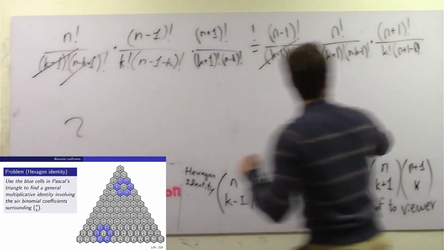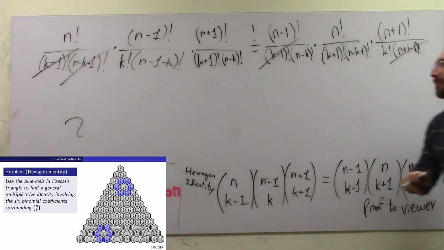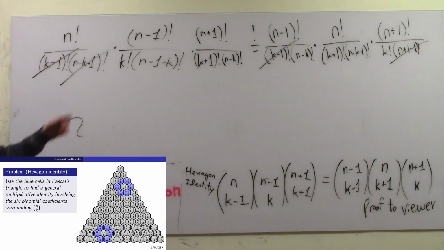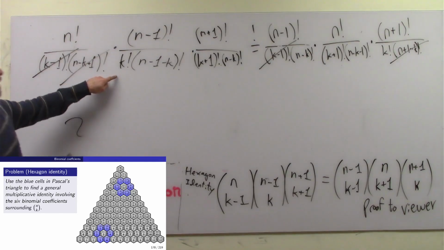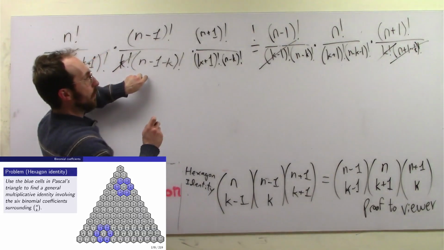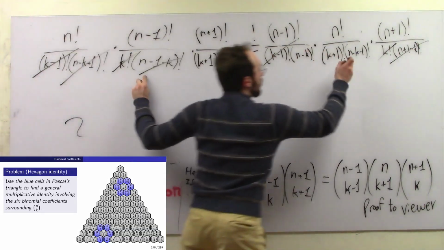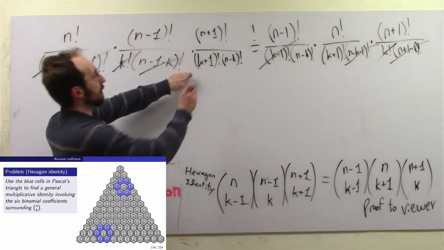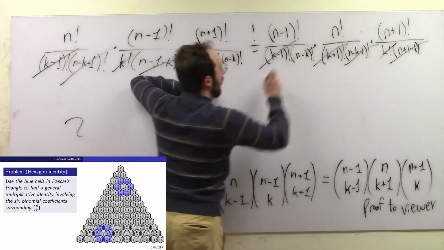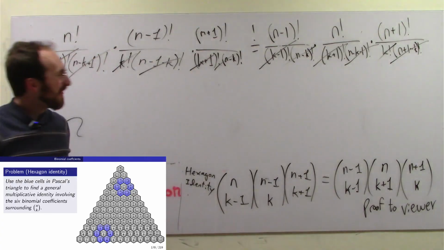But I wrote it weird. Perfect, but it's the same thing. N plus 1 minus k is the same as n minus k plus 1. Perfect. K factorial, we got them. N minus 1 minus k, we got them. K plus 1, we got them. And n minus k, we got them. These things are equal. They have to be.